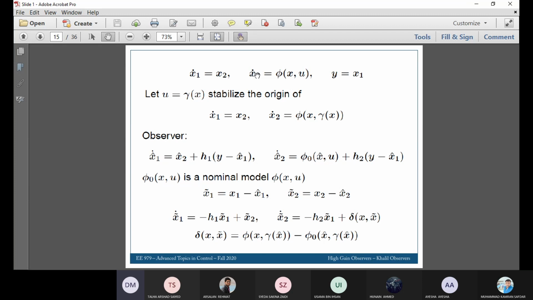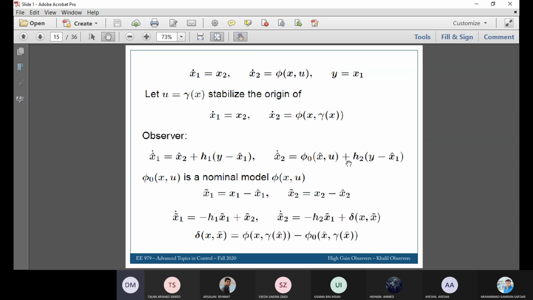Similarly, for the second equation, we have h2 and driven by the same error. Remember that the observer is always driven by the same error. The gains are chosen for each equation, as is the case in the linear observer. So this is a similar structure, only that we are keeping the nonlinear functions as they are.